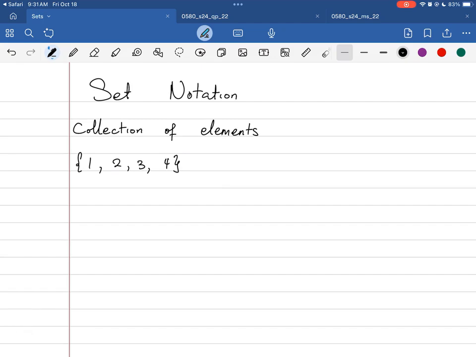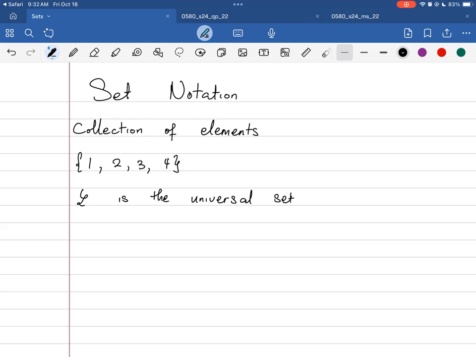Okay, set notation. The first thing you should know about set notation is this notation. It's kind of like an E, but it means the universal set, meaning the set that covers all the numbers.